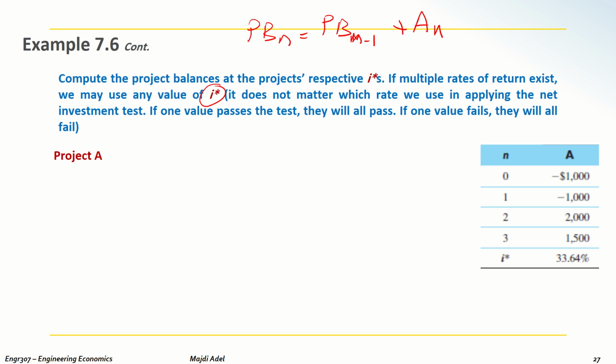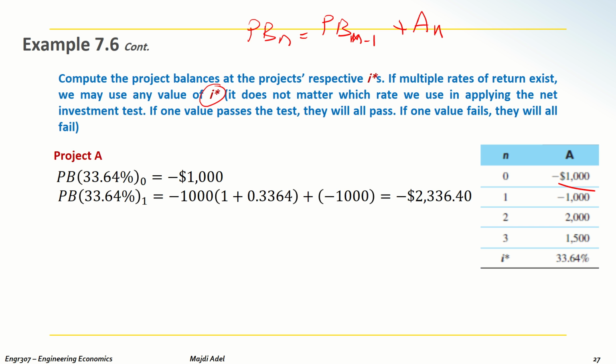Okay, so for project A, the project balance at the first year is minus 1000. In the second year, it is the project balance of the previous year multiplied by 1 plus i. Minus 1000 multiplied by 1 plus i plus minus 1000. The answer is minus 2336.